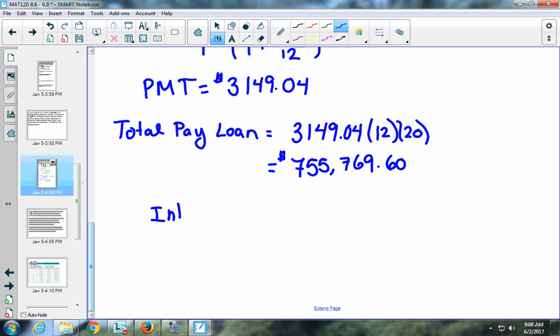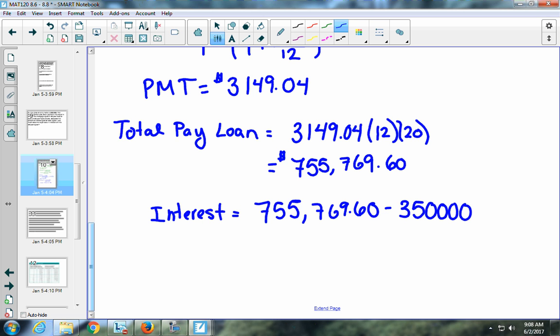To find the interest, I take that total amount and subtract that principal amount that I actually borrowed, the $350,000. That tells me that the interest I pay here is $405,769.60.